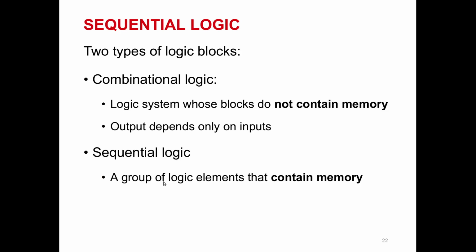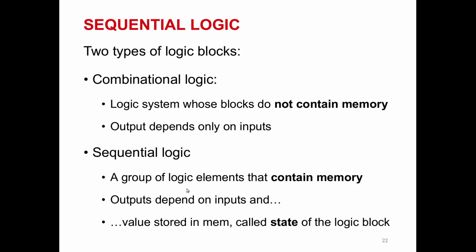That is a group of logic elements and it contains memory. The output will depend not only on the inputs but also on the value stored in memory, which is called the state of the logic block.